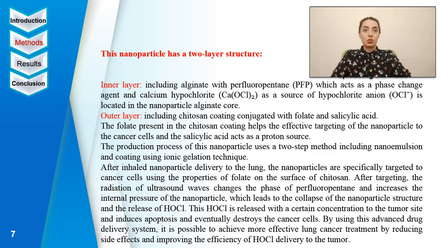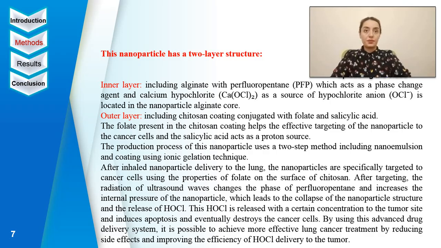HOCl is located in the nanoparticle alginate core. The outer layer includes a chitosan coating conjugated with folate and salicylic acid. The folate present in the chitosan coating helps the effective targeting of the nanoparticle to the cancer cells, while the salicylic acid acts as a proton source.